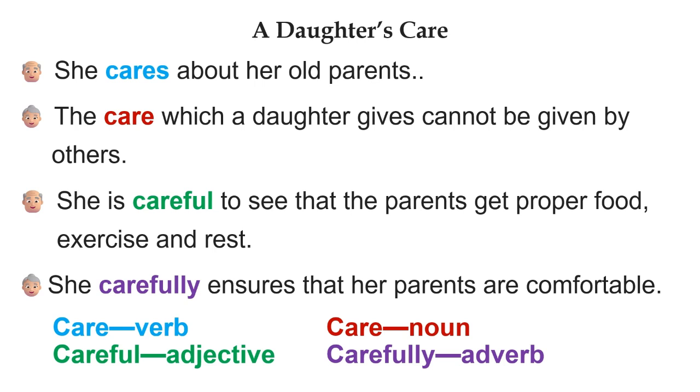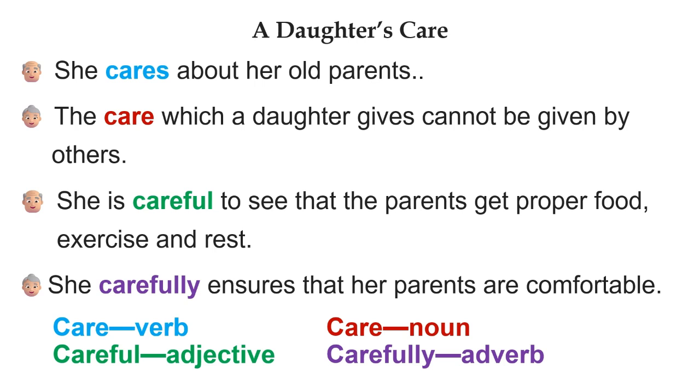Now here are the 4 forms of the verb care. Both the noun and the verb form are exactly the same word. But as you can see in the first 2 sentences, she cares is the verb form and the care is the noun form. She uses cares because third person singular always has verb plus s.